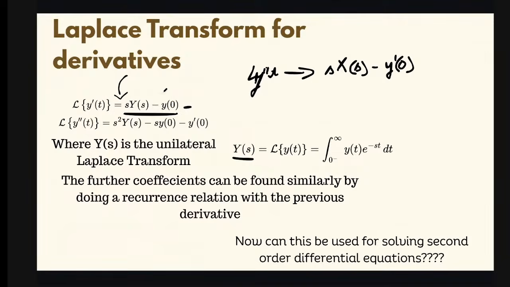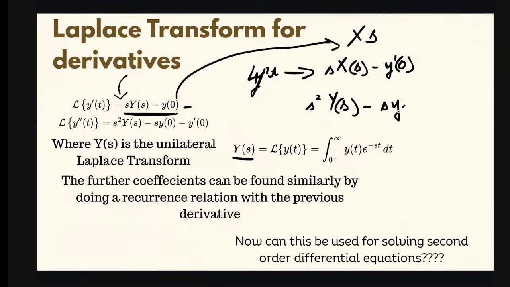Like, for y dash of t, we get y of 0. So for y double dash of t, we should get y dash of 0. And what is x of s? We know that this is x of s. Let's plug that in. So we get s square times y of s minus s times y of 0 minus y dash of 0. I hope this is clear for everyone. Similarly, we can find for other derivatives of y as well, and we can get a good idea of what is going on.